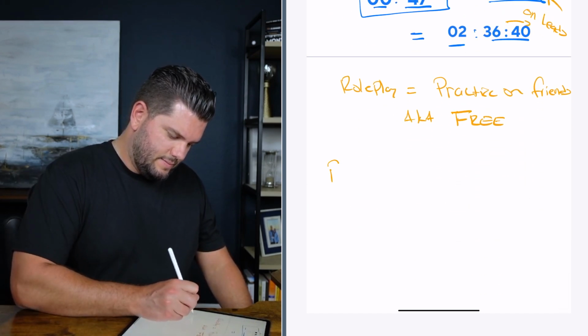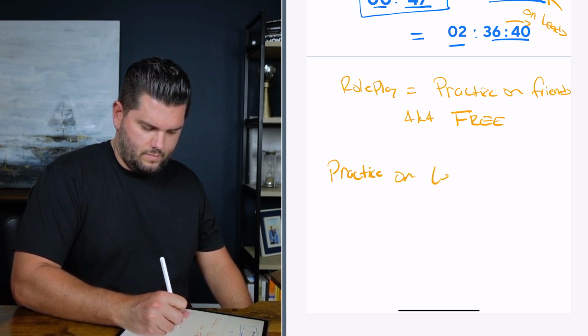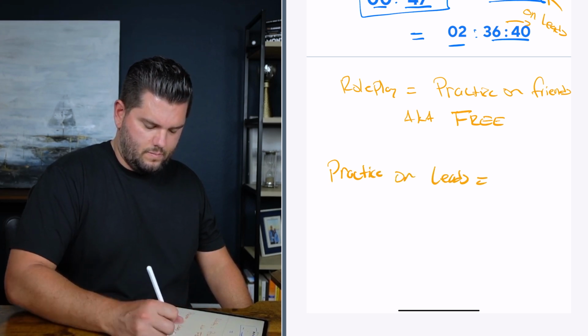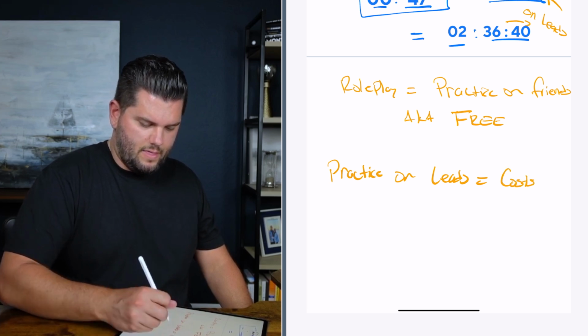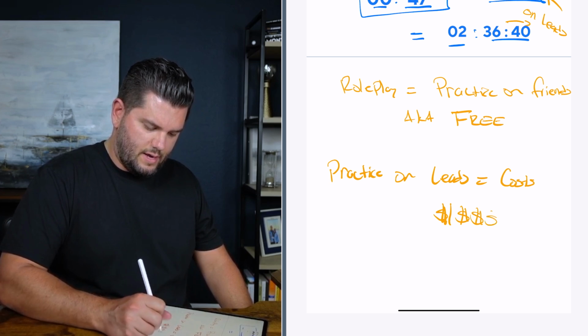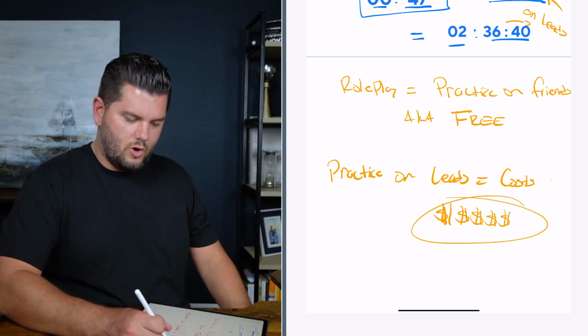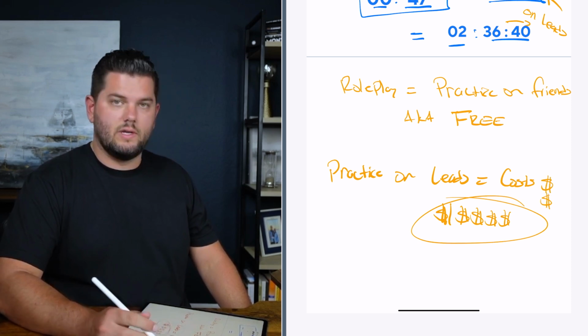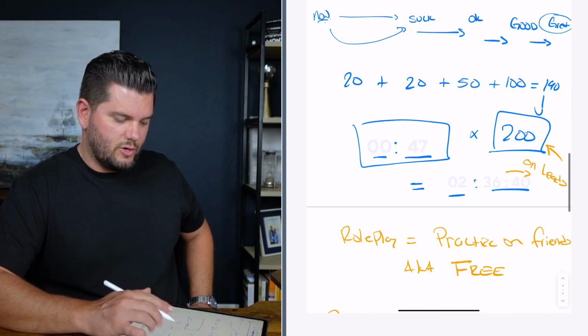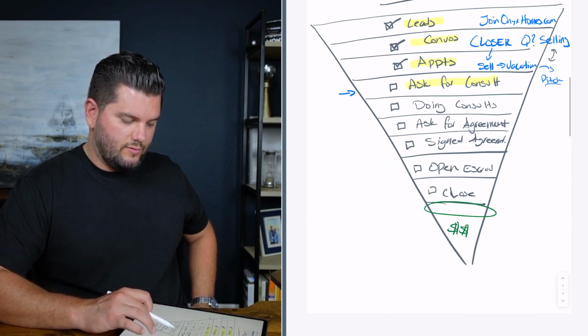Practicing on leads costs thousands and thousands and thousands of dollars. It costs so much money to practice on leads versus just taking however much time this was to get over it, right?